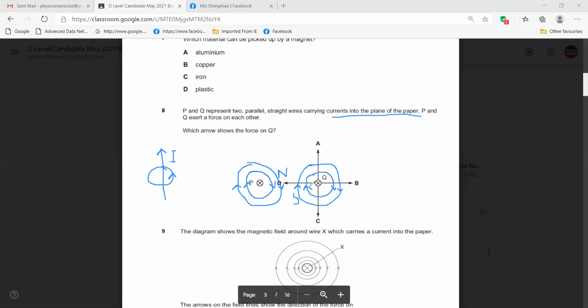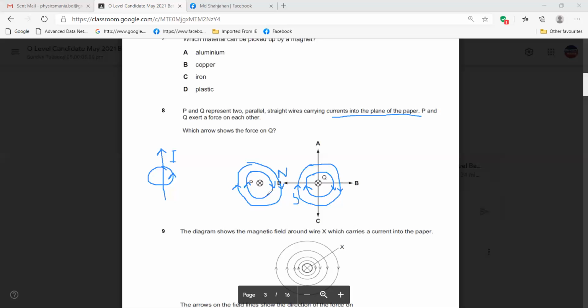Sir, what change will make it A or B or C? Very good question. It is not possible to have A or C. It is possible to have B. B is only possible if they are repelling each other, like when one wire is giving current into the paper and the other is out of the paper.